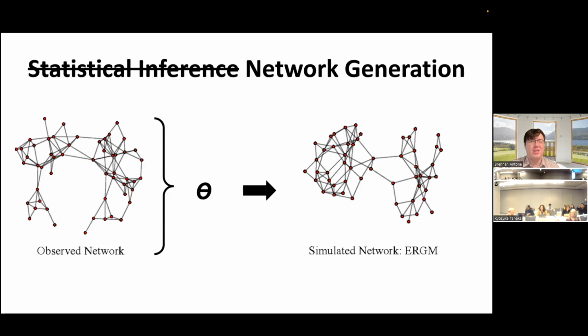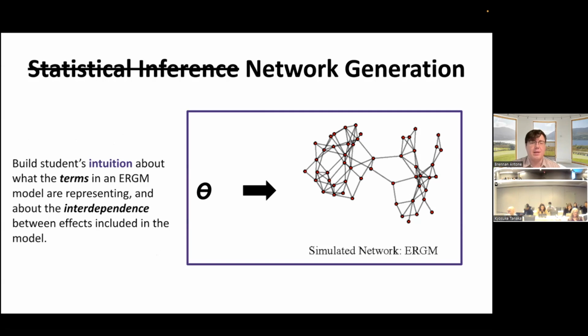But we wanted to use this process of generating networks as a way to help students build intuition about what the different terms in the model are doing. If I change one of the coefficients, dial it up or dial it down, how is that going to change the type of network that it corresponds to? How do those networks look different? That was the goal of building this exercise.